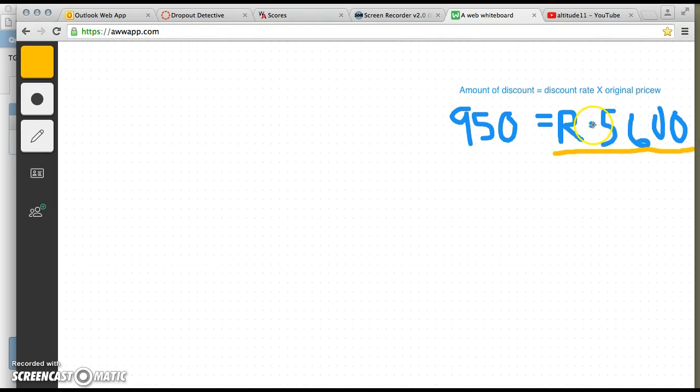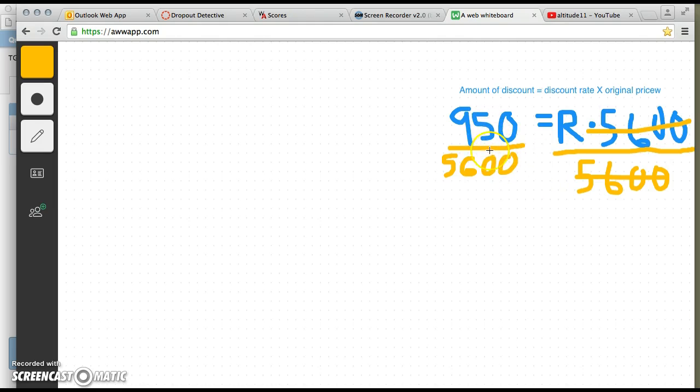Specifically, to undo multiplication by 5,600, we divide by 5,600. So the multiplication by 5,600 and the division by 5,600 cancel. But remember, whatever you do to one side of an equation, you must do to the other in order to maintain your balance or your equivalence.